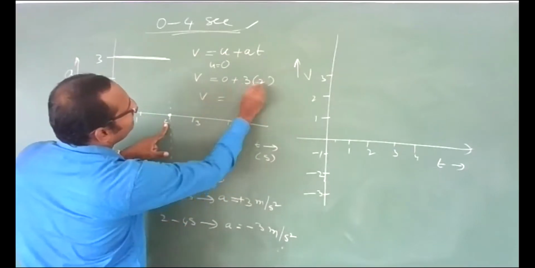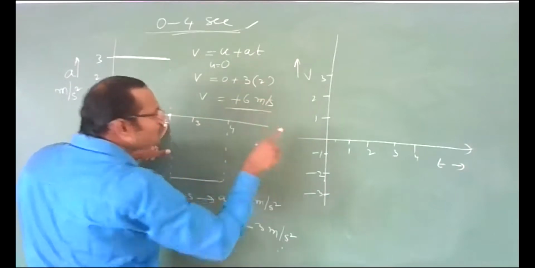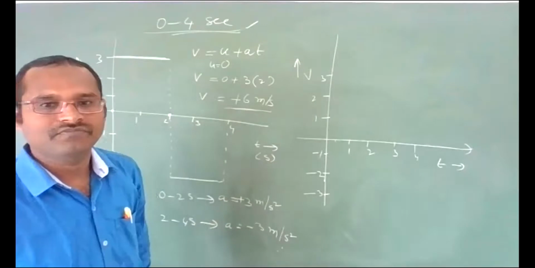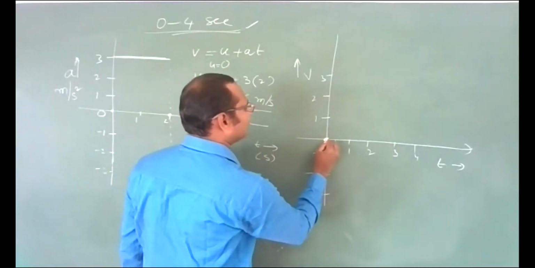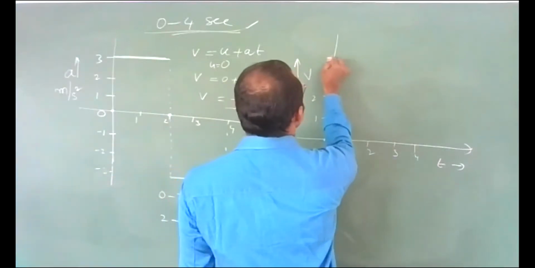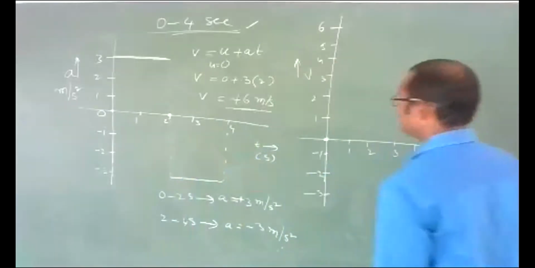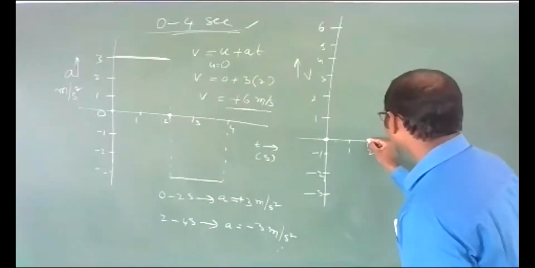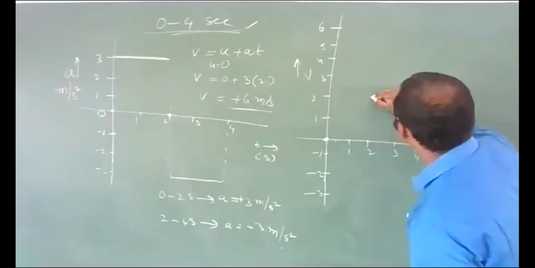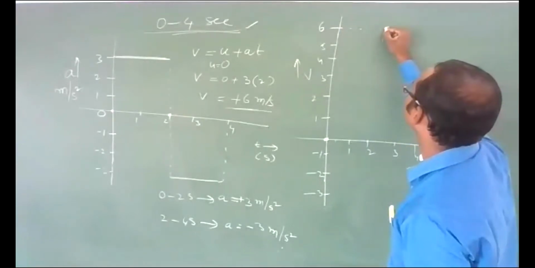So velocity will become plus 6 meter per second within 2 seconds. Let us imagine particle has started from here. Velocity of that particle should become 6. Let us imagine 6 here. In 2 seconds, velocity should become 6 here.